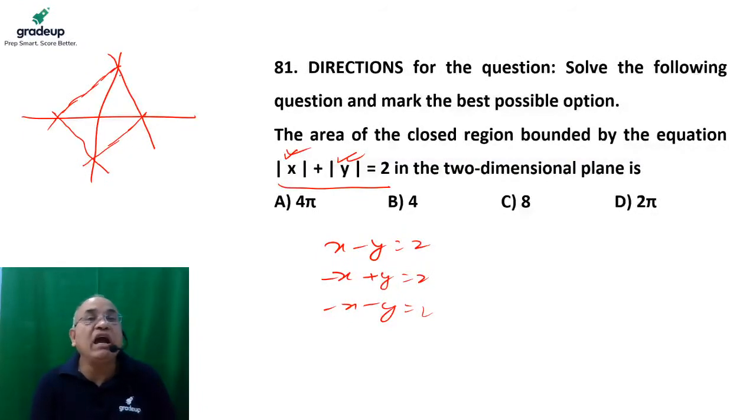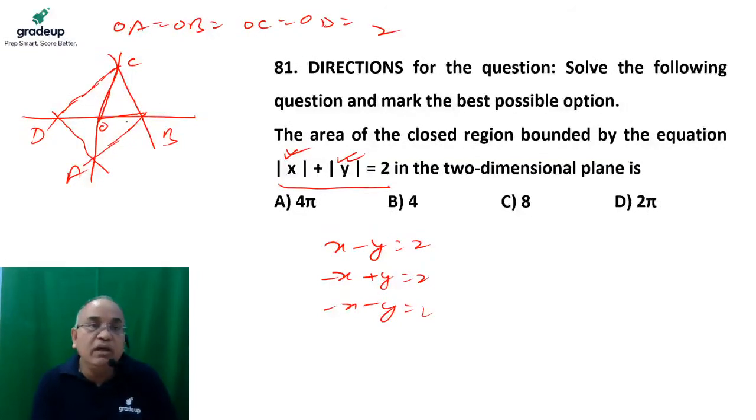So a kind of square, or rhombus, is going to be formed. From the origin, this length is 2, this length is also 2, because when x is 0, y is 2, and when y is 0, x is equal to 2. So OB, OC, OD and OA are equal to 2 each.